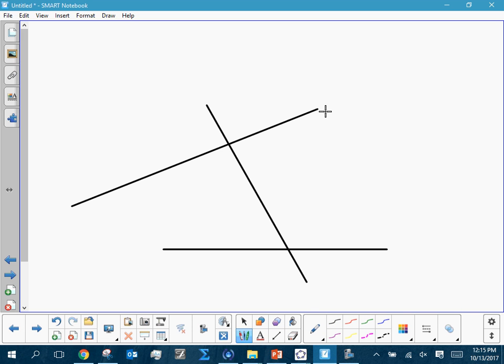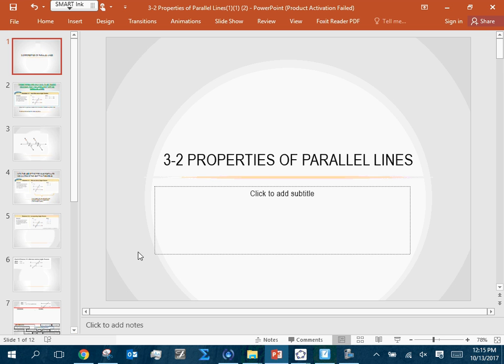So we've got L, we've got M, and then our transversal T. And we are going to force the relationship of parallelism on L and M. Right now they're converging, they're going to intersect, but we're going to force them to be parallel. Once we do that, what information do we gain about particular groups or pairs of angles? The things we talk about today only exist when those two lines start off as being parallel.